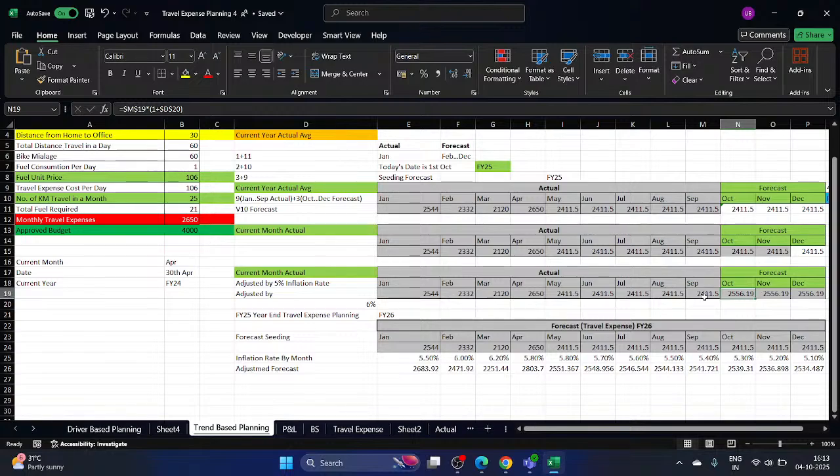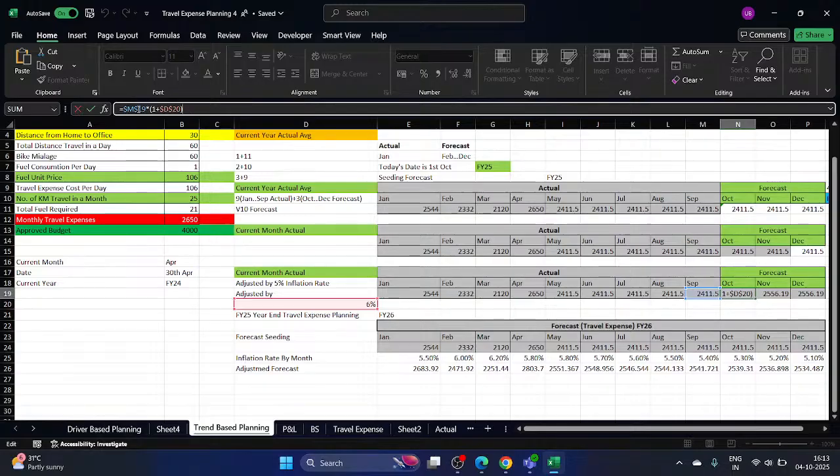When we apply that particular formula here, the resultant figure would come on the basis of it. Here you can see the exact formula: the previous month of sale multiplied by 1 plus D20, which is the particular rate which we can see.